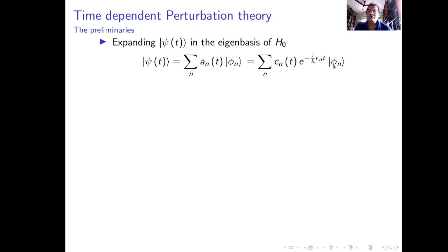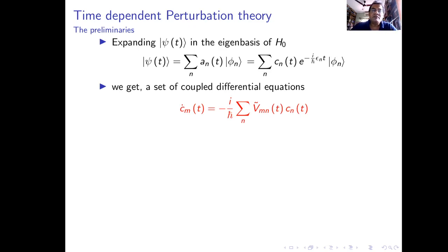So all we have done is that we have taken out the time dependence due to H0 from a n of t and written the rest of the coefficient as Cn of t, and we expect the Cn of t to be very slowly time dependent, because Cn of t would not have been time dependent if V of t had been absent. Assuming that V of t is small, Cn of t's time dependence is expected to be slow.